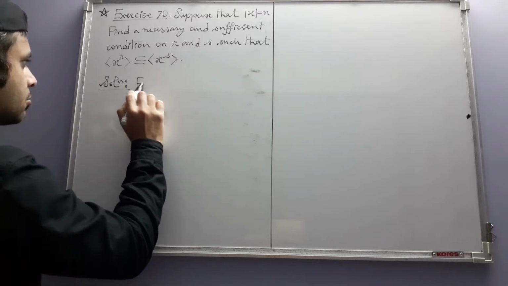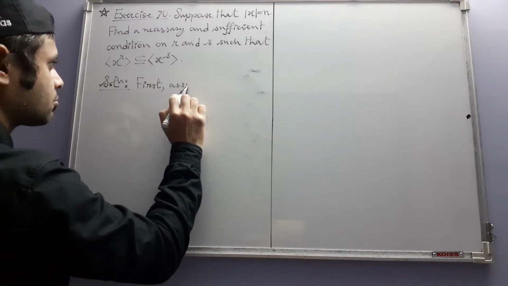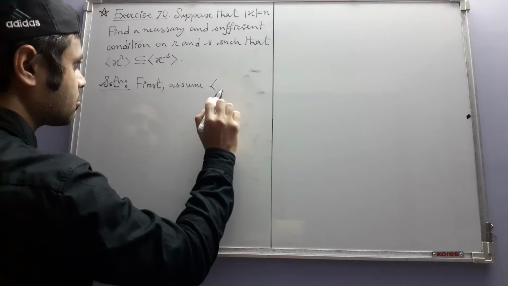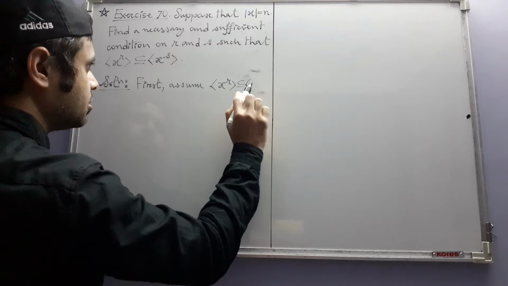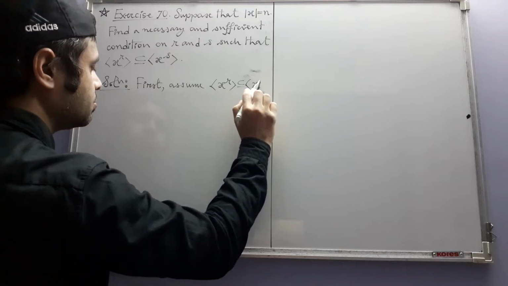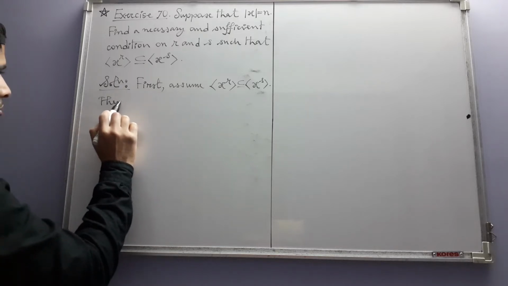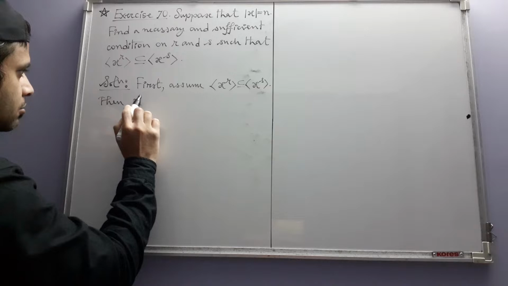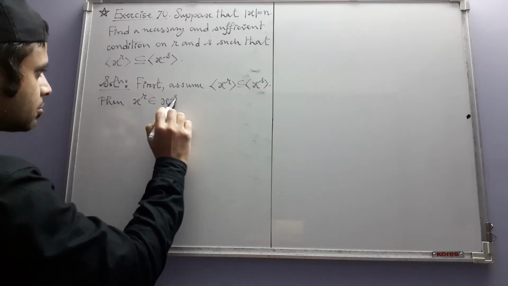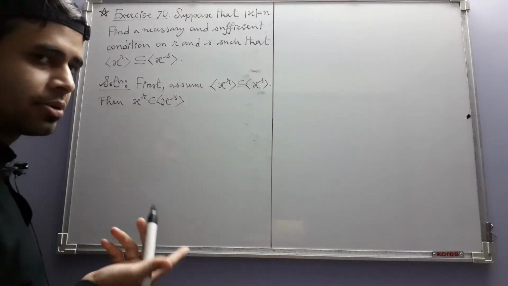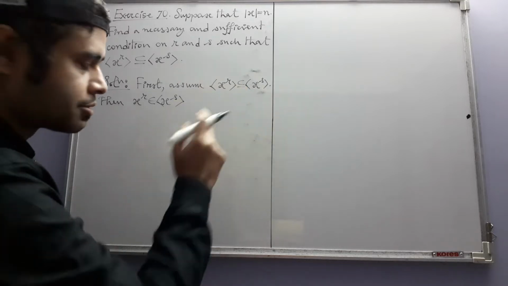Solution. We first assume that this inclusion is true. Then x to the power r belongs to the cyclic subgroup generated by x to the power s, because this belongs to this group, so it also belongs to this.